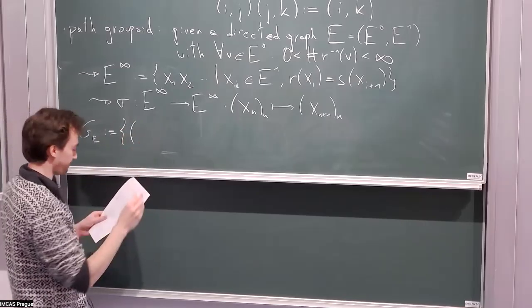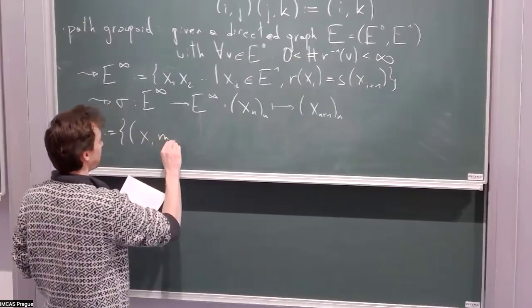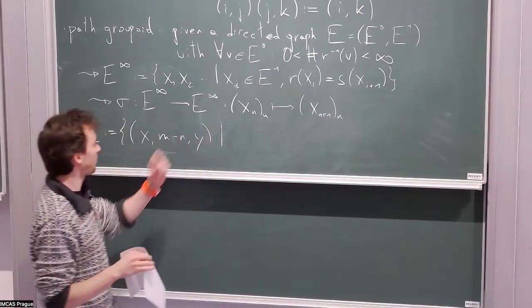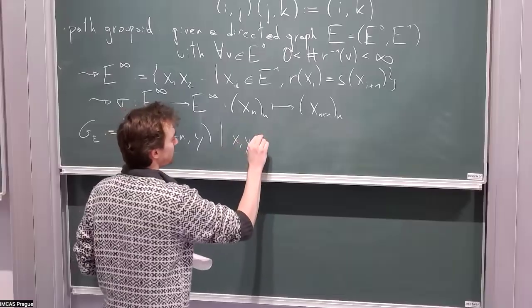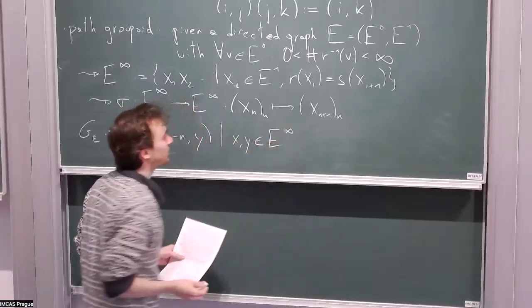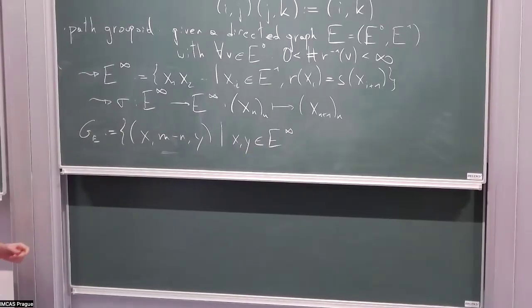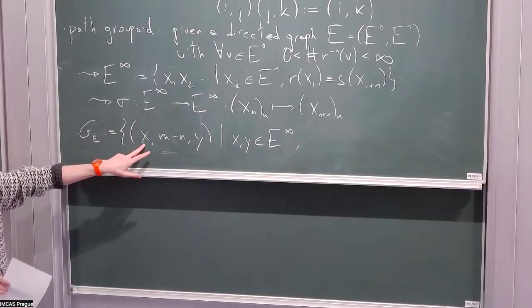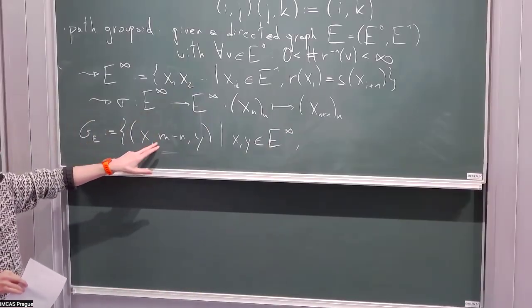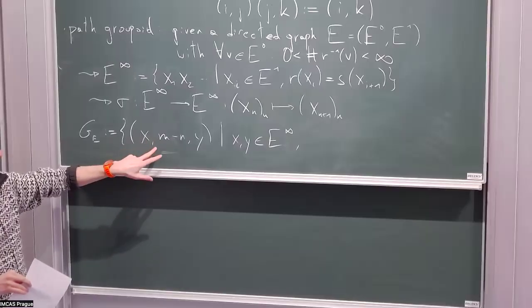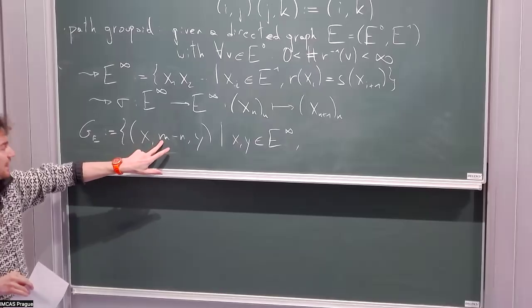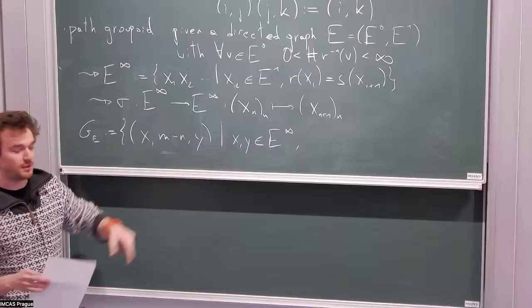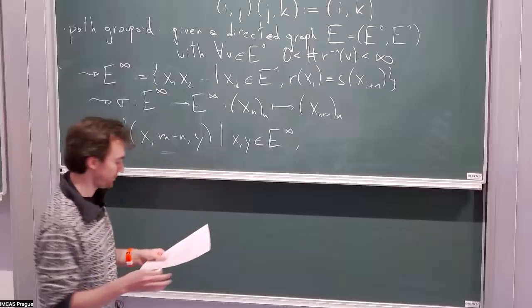So we take a tuple with 3 entries where x and y are paths, and which are such that after removing the first m entries of x and the first n entries of y, they are the same path from that point on.